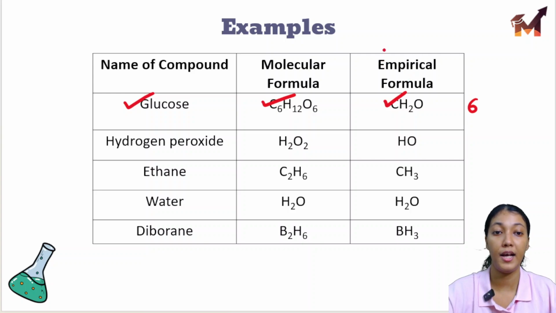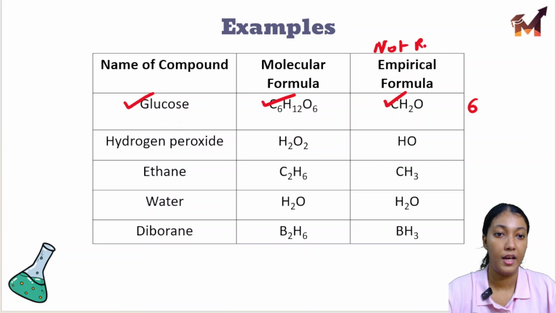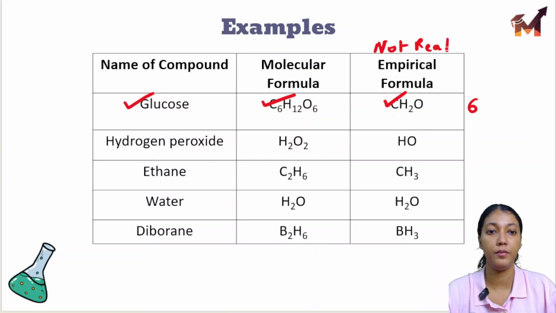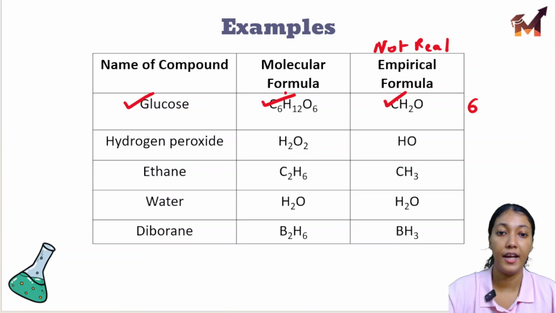So empirical formula is not the real formula. It will just give us a ratio to understand what atoms might be present in the compound. तो यहाँ पे ग्लूकोज के लिए हमारा कॉमन रेशियो हो सकता है 6. So if you multiply this by 6, you will get the molecular formula.